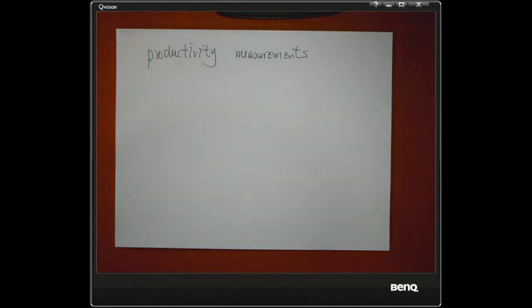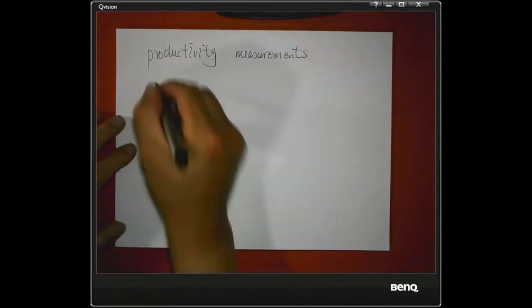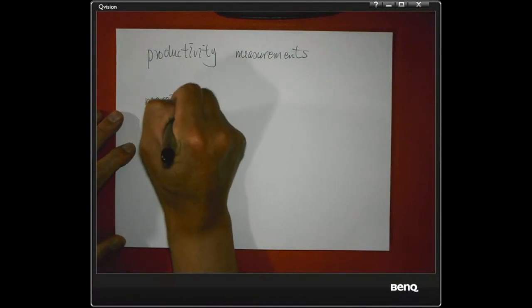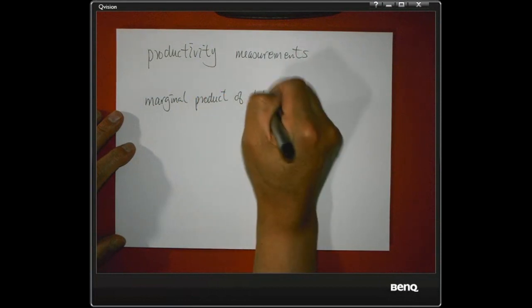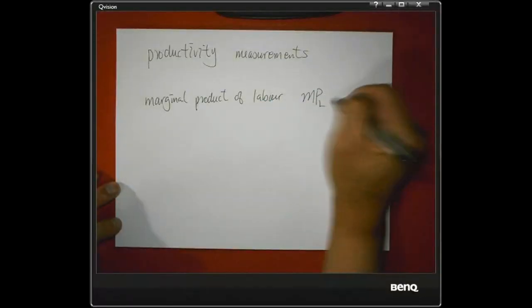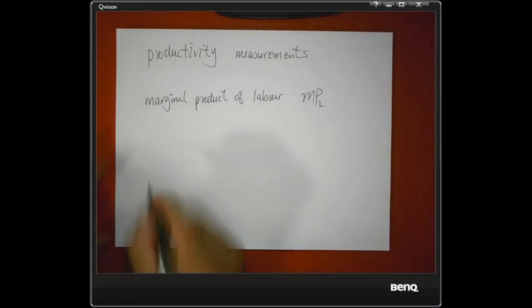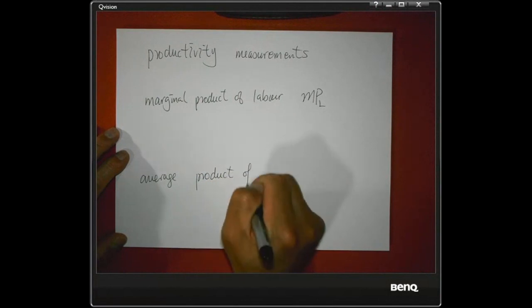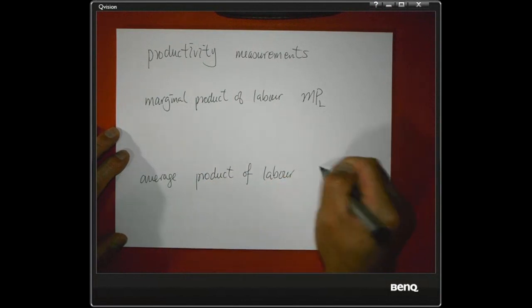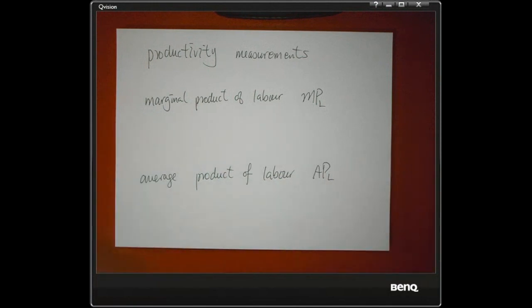To measure productivities, we can measure it through what we call marginal products of labor, or average products of labor. Productivity measurements. One is measuring the marginal productivity. The other one is measuring the average productivity.